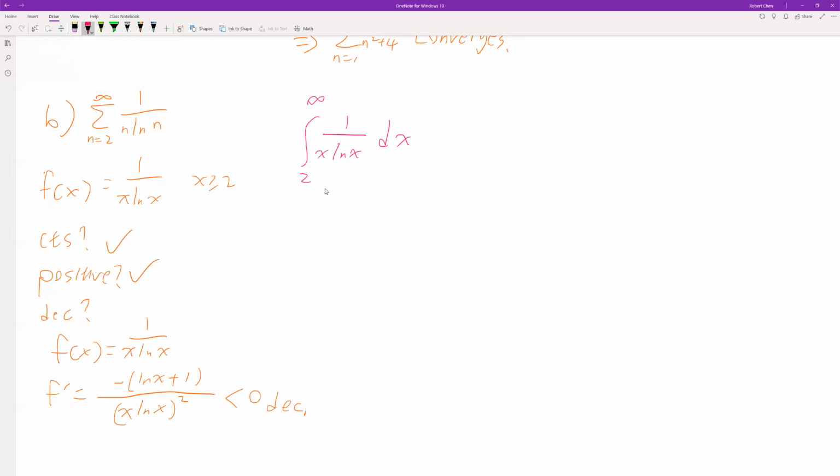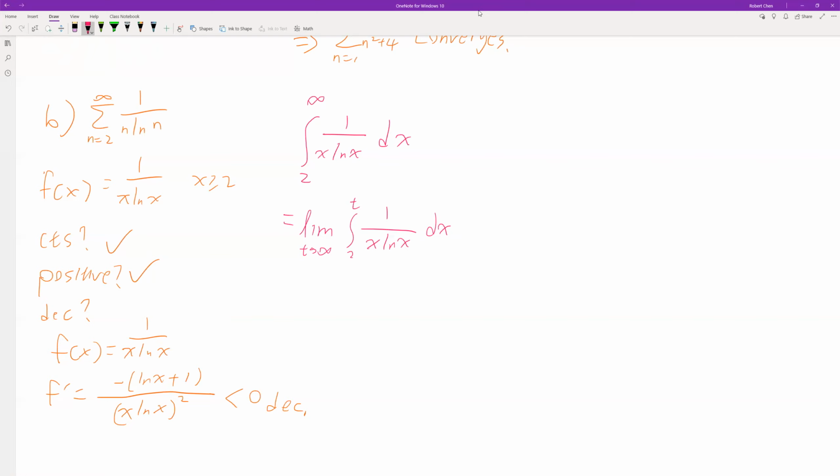So again, use the limit. Integral from 2 to t, 1 over x ln x dx.